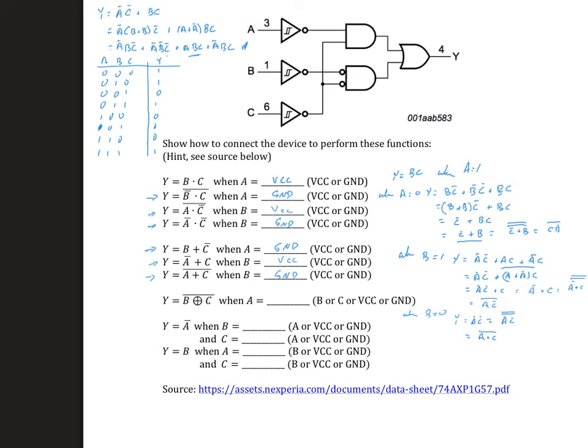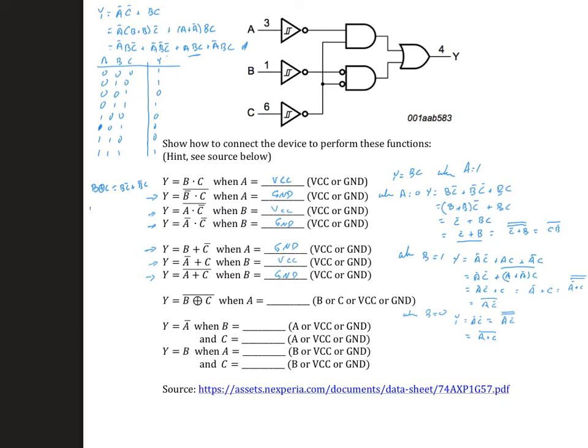Okay, now this next expression is a little bit tricky. So remember that B XOR C is the same thing as B C bar or B bar C. That's what XOR means.